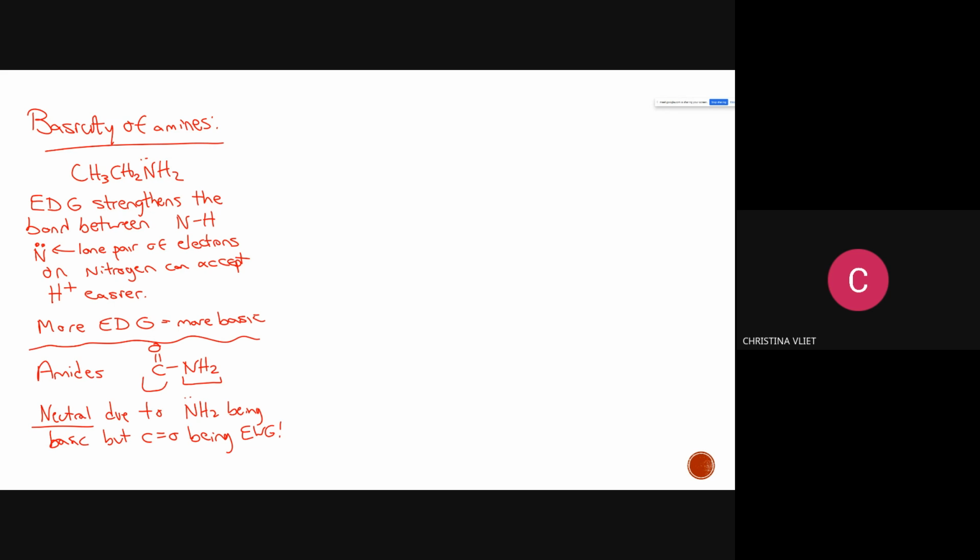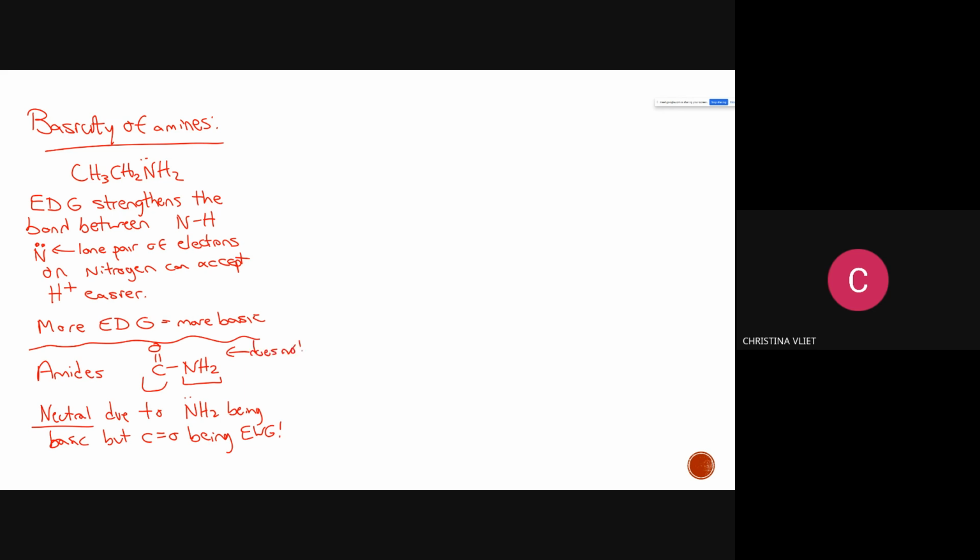Because it's neutral, you cannot do acid-base reactions with amides, which was an important thing to remember in hydrolysis. It won't accept an H+, and it won't give an H+ away. It does not act as an acid or base.